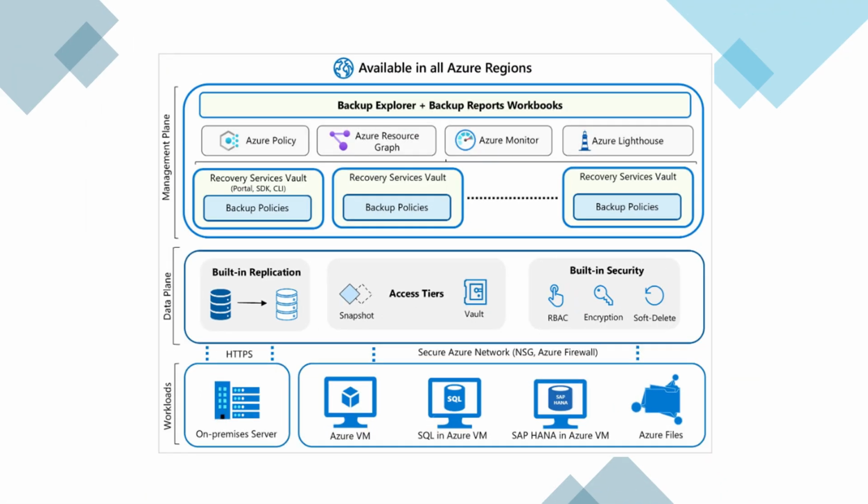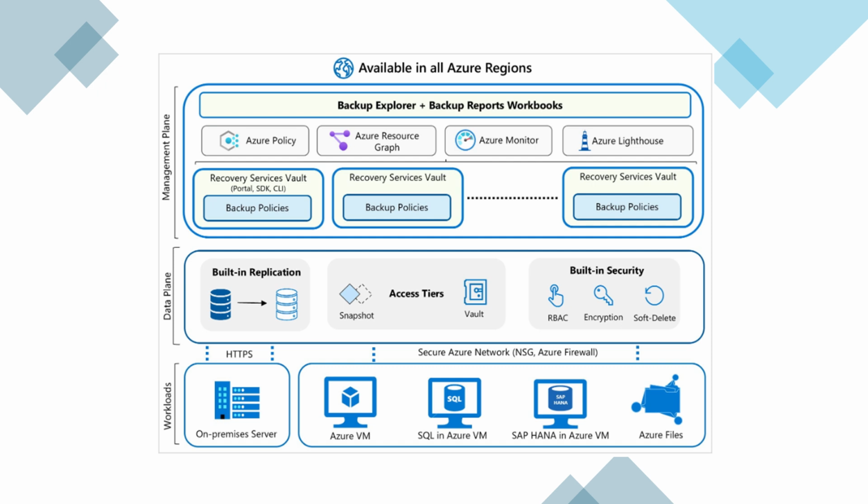This diagram gives you a deeper look into how Azure Backup is structured across different layers, from the workloads you are protecting to the management tools you use, all the way to the underlying security and storage infrastructure. At the very bottom, you can see the workloads Azure Backup supports.